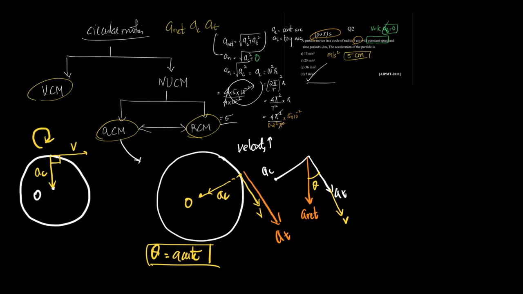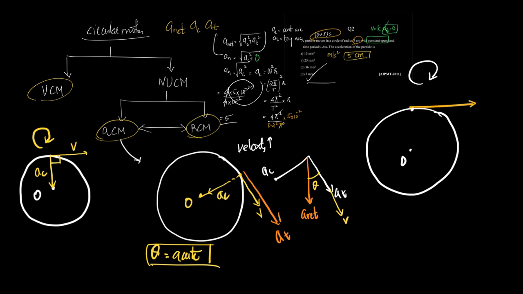Now let us see what happens in retarded motion. When it comes to retarded circular motion, we got an object here executing circular motion in this direction. Let this be the center of the circle, and this is the point we are trying to consider. This represents the velocity vector, and velocity here is decreasing.